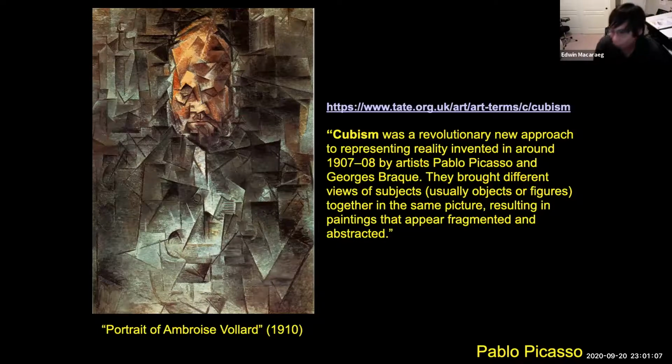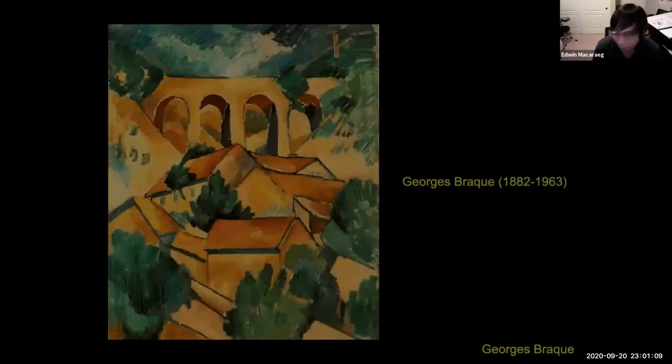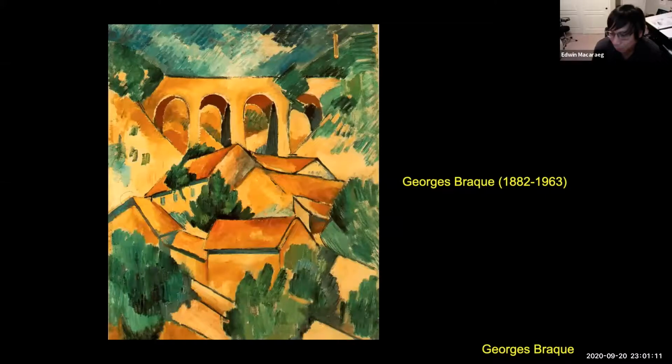So I'm going to jump into another example here by Georges Braque. And so the subject matters really are different. You don't have to just do the figure. If you want to do something like a landscape and you want to turn that into a Cubist work of art, you may do so. And this piece here is not as deconstructed and reconstructed as the previous example.